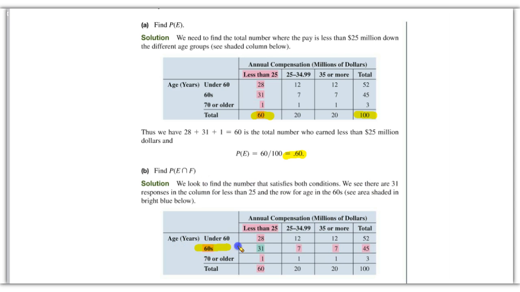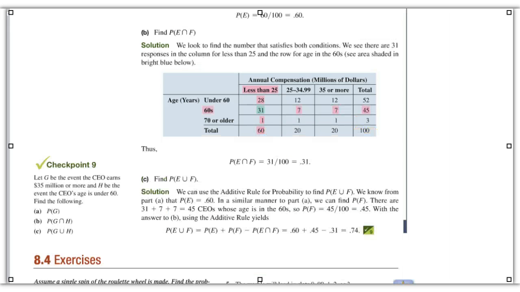Those who are 60 or older, and our total here is 45. So in B, we are looking for the intersection of this with this. So the intersection is 31 out of 100, which is 31%.